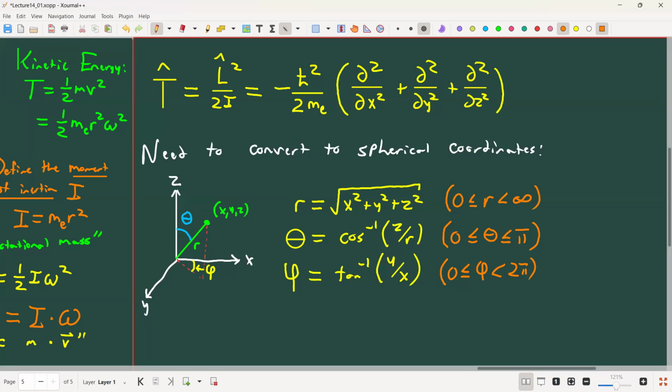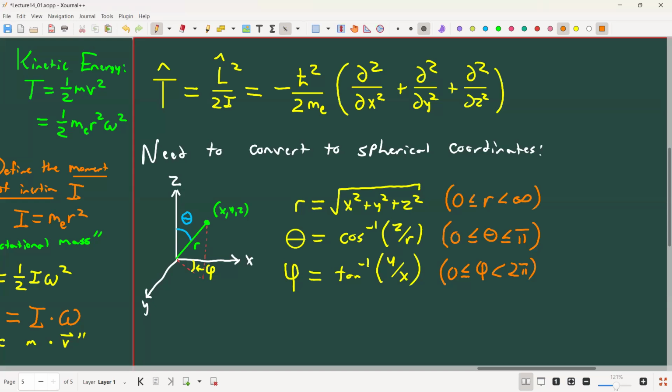Any integral in x, y, z space is going to look like three integrals from minus infinity to positive infinity, which sucks. But if you go to spherical coordinates, two of your integrals are going to be finite, 0 to pi and 0 to 2 pi, and only one of them is going to be infinite, or improper, as they're called. So it does help us a little bit, at least mathematically. We don't have so many infinities. The angles help out with that.